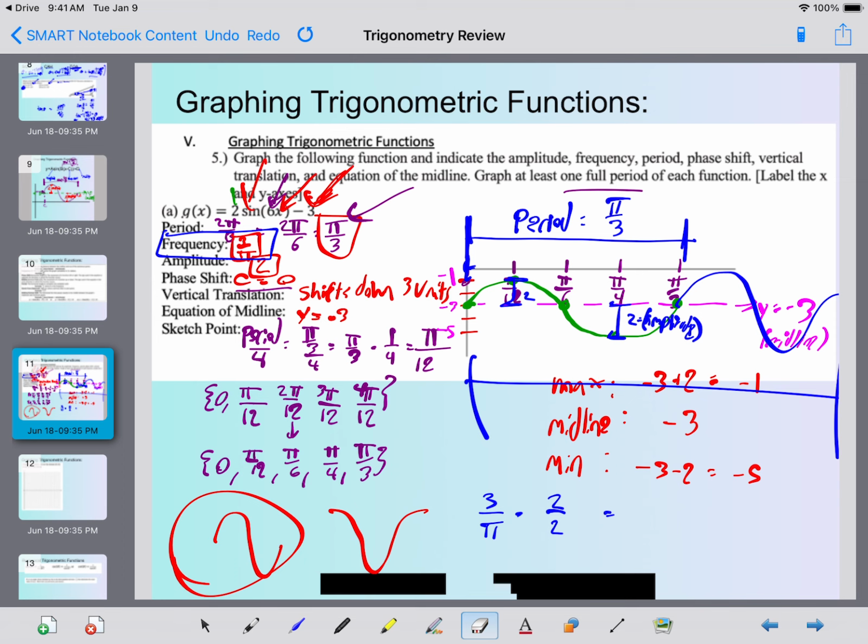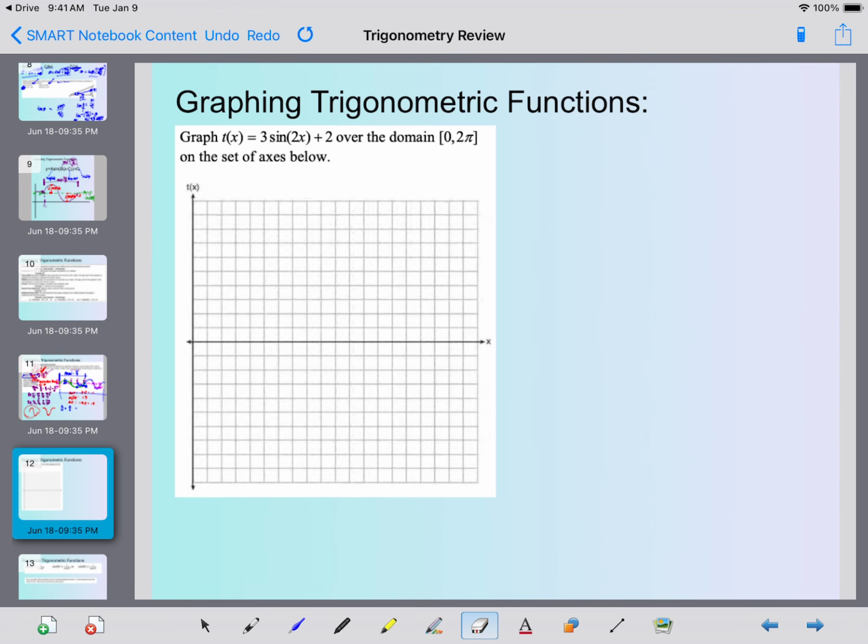All right? We'll do it again. And this is an actual region question, this one. So we have our amplitude. We have our midline. Right? The midline is at 2. It says it wants us to graph it over 2 pi. So the midline is 2.